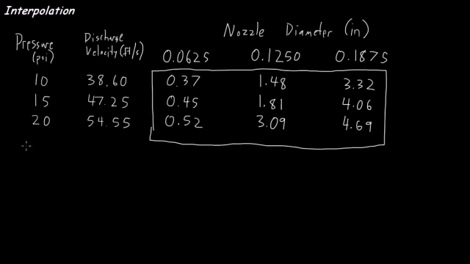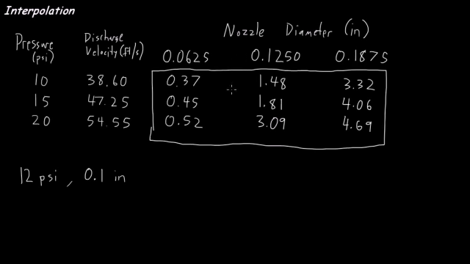So the example problem we're going to do now is, let's say we want to know the water discharge at 12 psi and a nozzle diameter of 0.1 inches. 12 psi does not appear in this table, and neither does 0.1 inches. It'd be somewhere in between here. 0.1 is somewhere in between 0.065 and 0.125, and 12 psi is between 10 and 15.